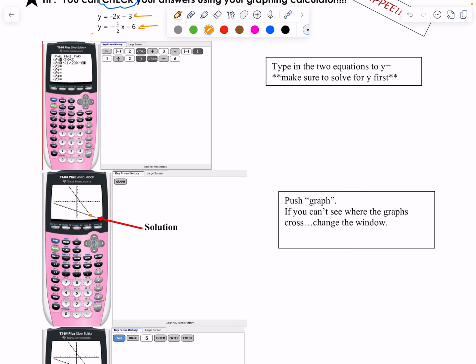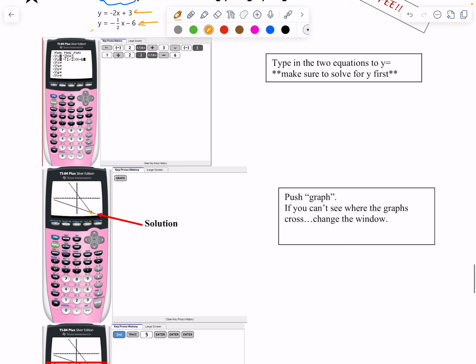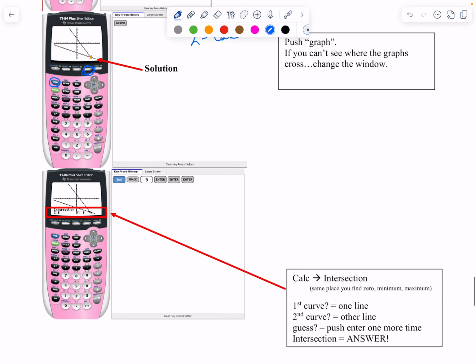Okay. Do you remember where you go anytime you want the calculator to tell you something from the graph? Remember, we go to second and calc, which is trace. So that's the second and the calc, second and trace. So we get there, and then you have a list.